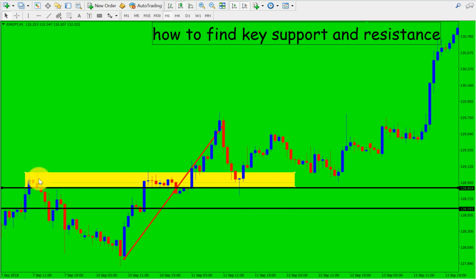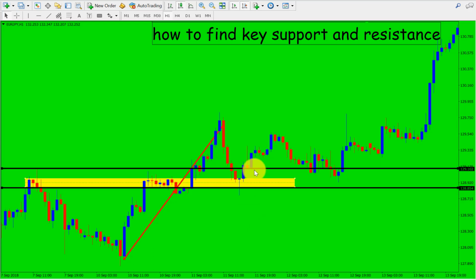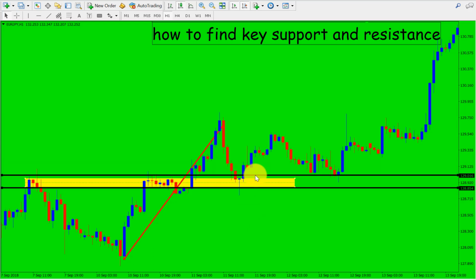So this resistance breaks here, and again price came from here to here, and in this zone price is going from here to here, from here to here again.